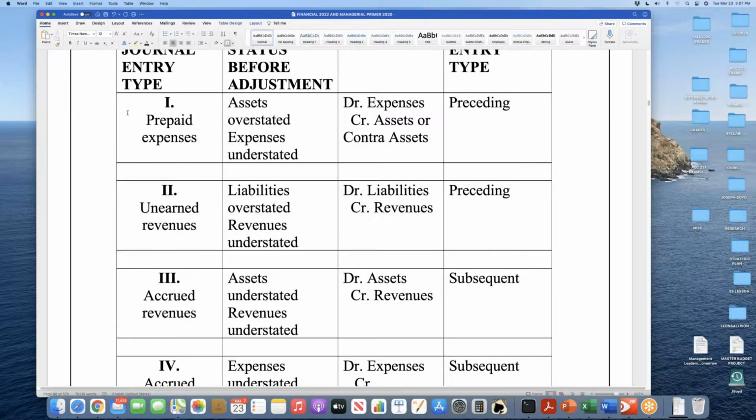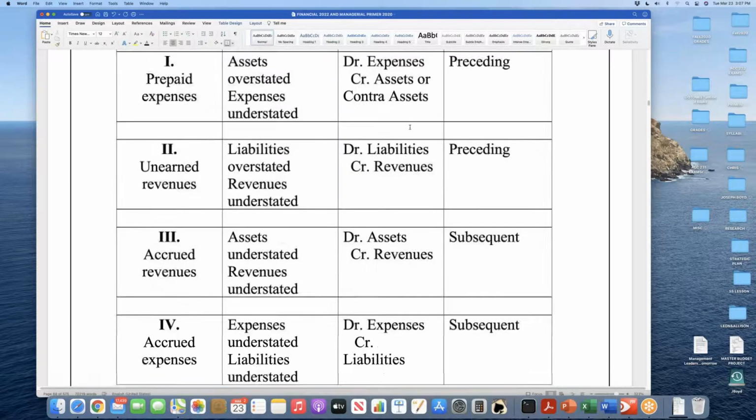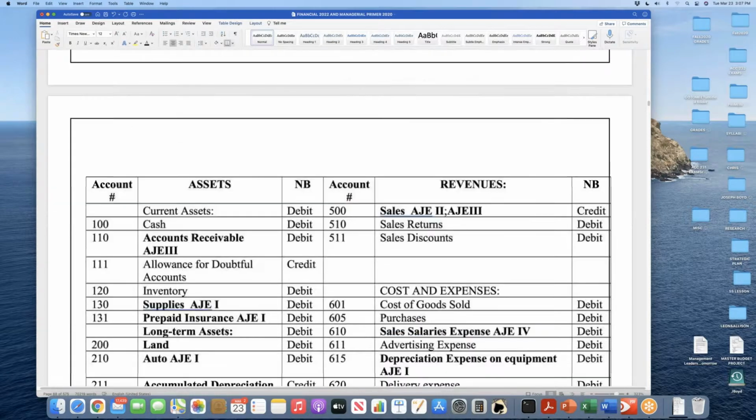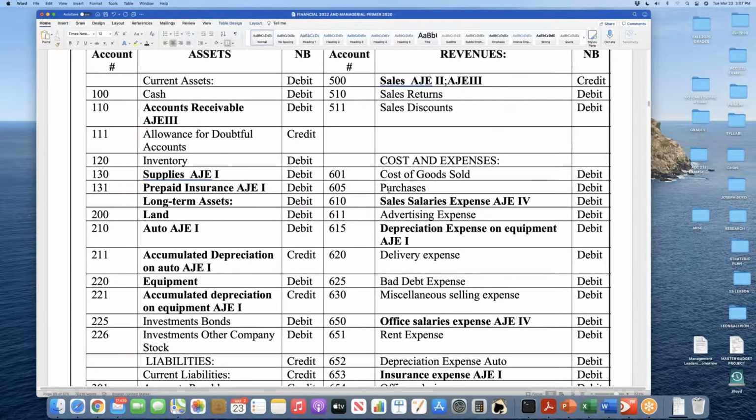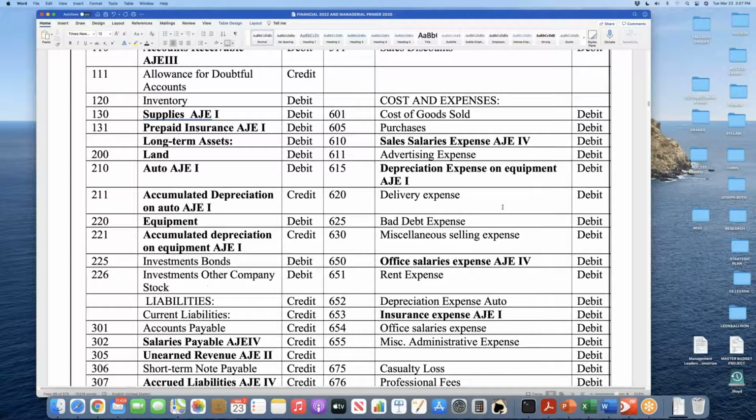So once again, on prepaid expenses, we're going to debit an expense and credit an asset. So you already know that. Notice our chart of accounts. Supplies is on AJE1, and there are some other items with AJE1s on them, and there's expenses, so it's going to be on both sides.